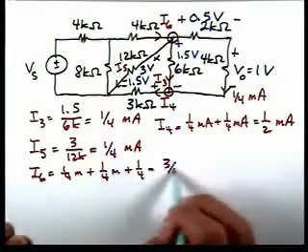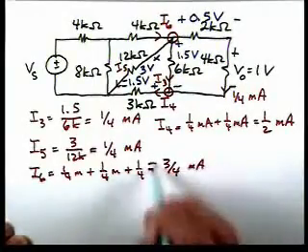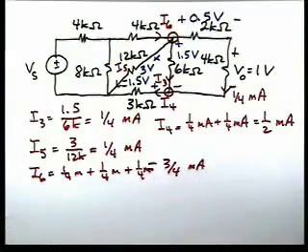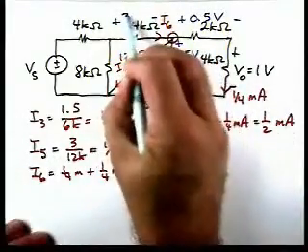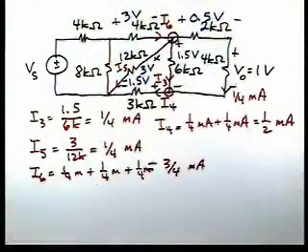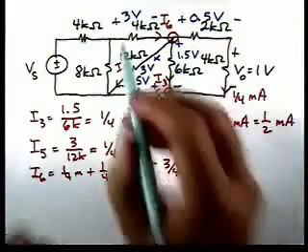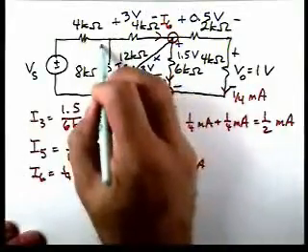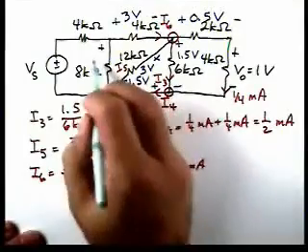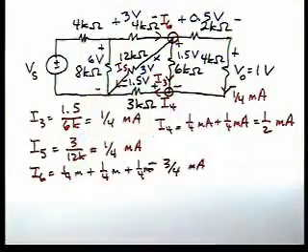So it's 3/4 of a milliamp. Now we know I6, that tells us the voltage across this resistor is 3 volts with that polarity. Now we can apply Kirchhoff's voltage law around this loop, and if we do, this will tell us that this voltage is 6 volts.